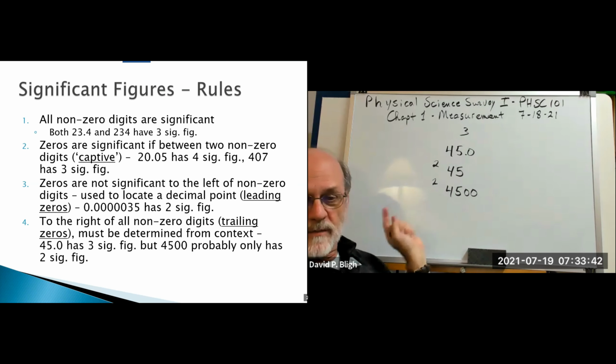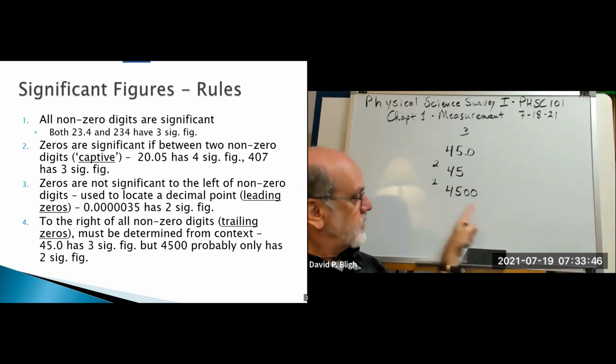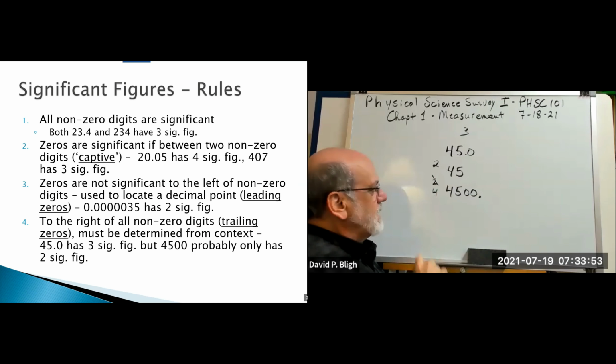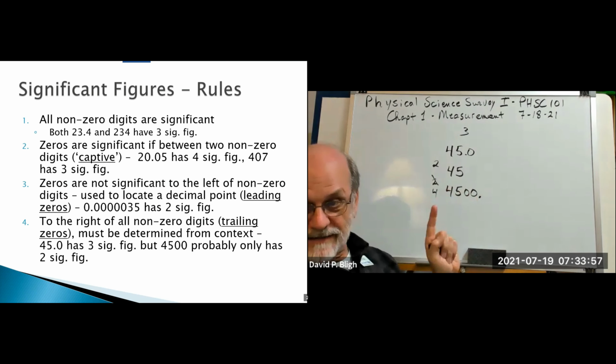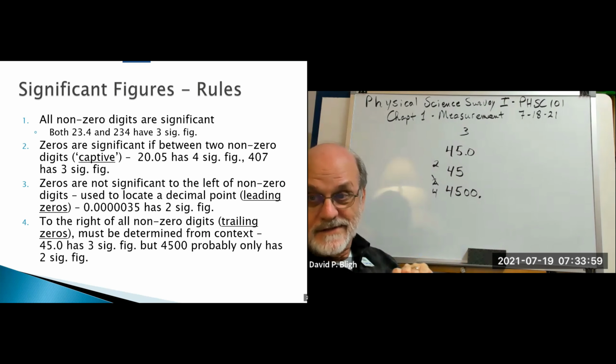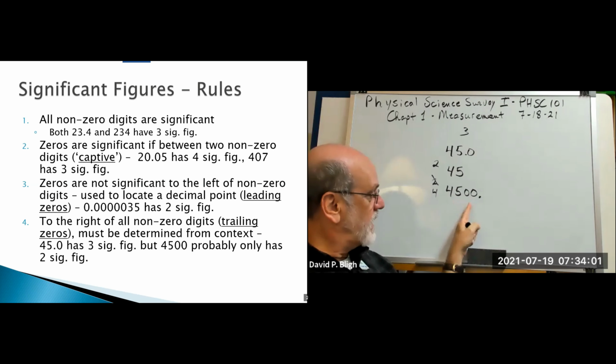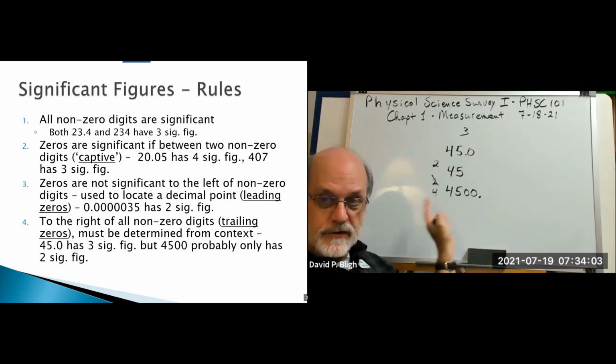Now, how would we make 4 significant figures out of that number? If you put a decimal there, that makes these 2 significant. Okay? It's still the same number, but now instead of 2 significant figures, there are 4 because it has an explicit decimal.